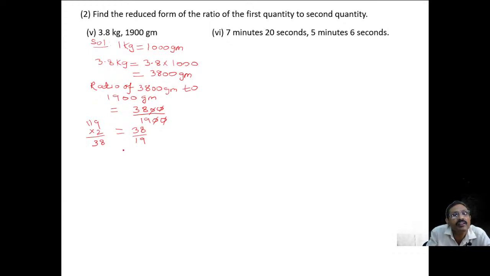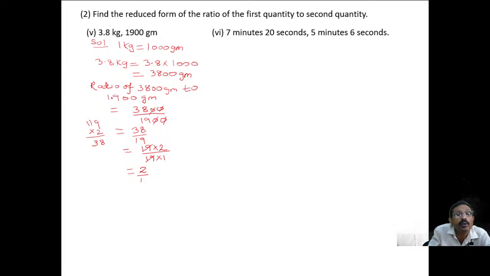So we can write this as 19 into 2 upon 19 into 1. Now this 19 goes. So what we get? We get 2 upon 1.